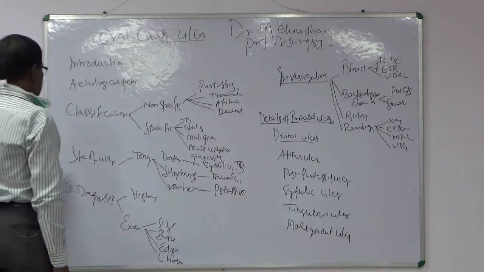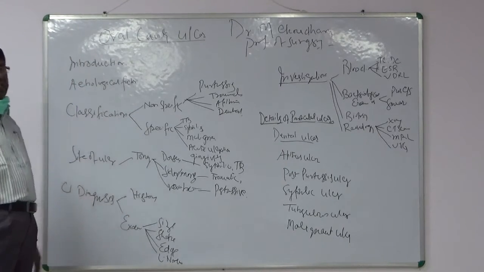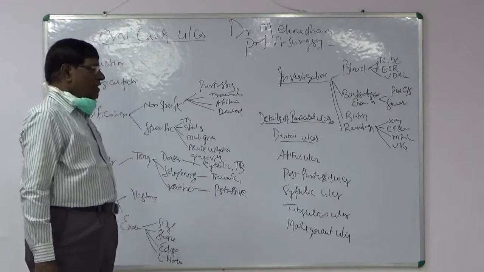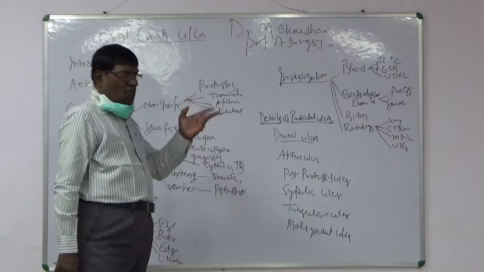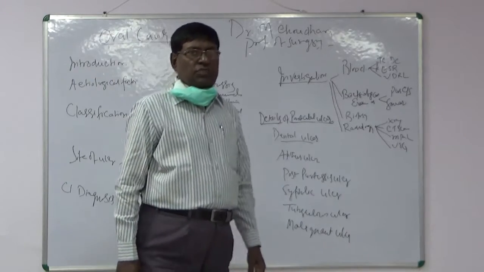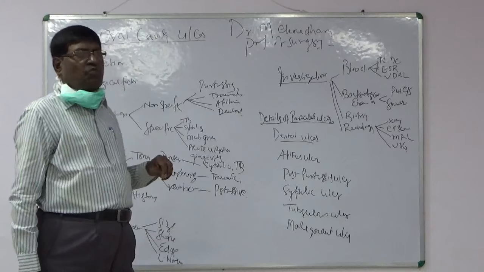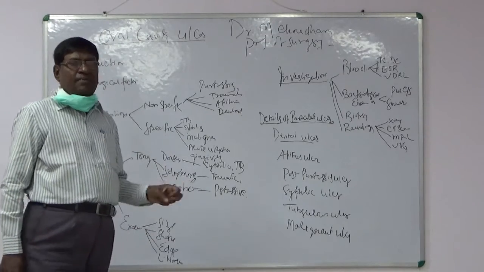The classification: you can divide the ulcers of the buccal cavity into two main groups, a non-specific group and a specific group. In the non-specific group, trauma is the most common, due to mastication, chewing of the food, or taking food containing many bacteria.